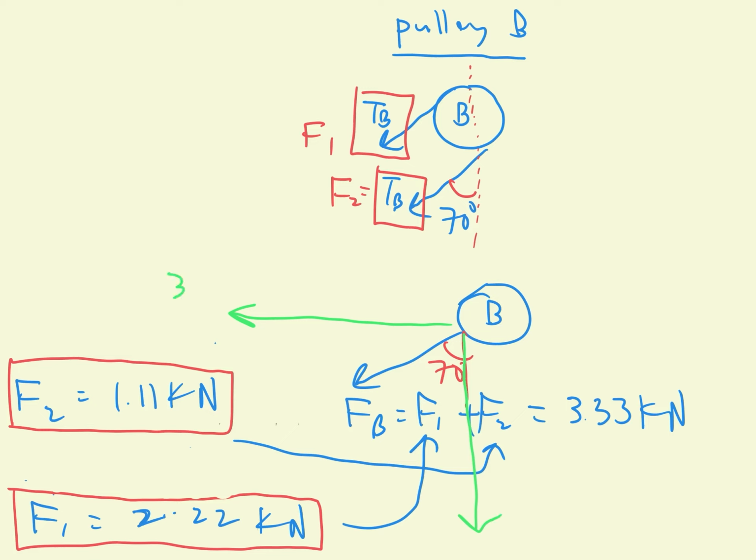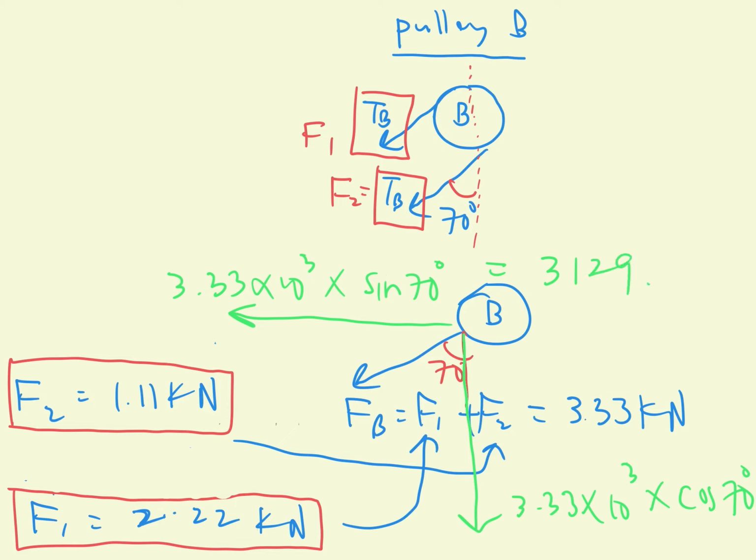For the X axis, it becomes 3.33 kilo times sine 70 degrees, and for the vertical, 3.33 kilo times cos 70 degrees. So the value is 3129.1 for the x-axis.